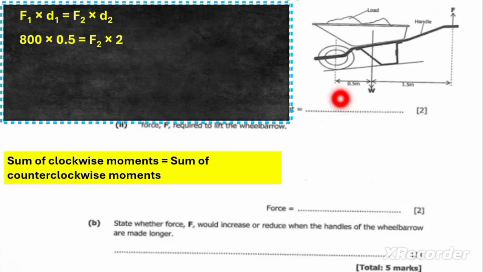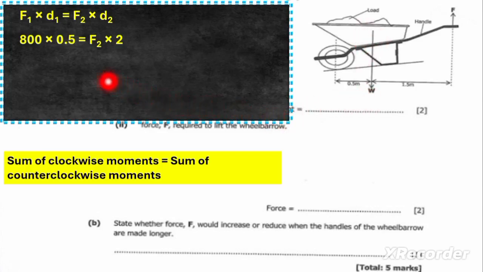0.5 is the distance between the pivot and the center of gravity. So the center of gravity is where the 80 kg mass is centering.